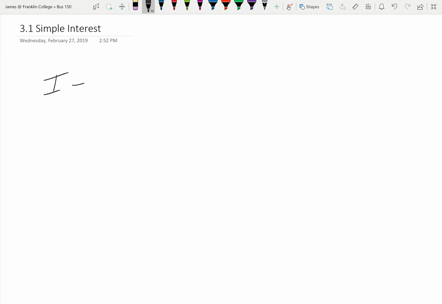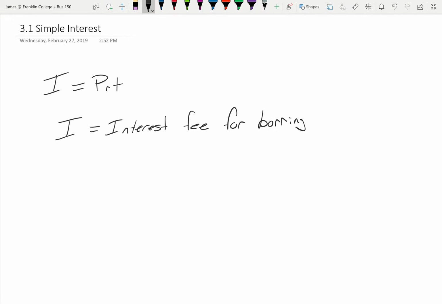So let's do this first equation. I equals PRT, where I equals the interest fee for borrowing. So if you borrow money for 1 week, I is going to be the interest, the cost of borrowing money for that 1 week.